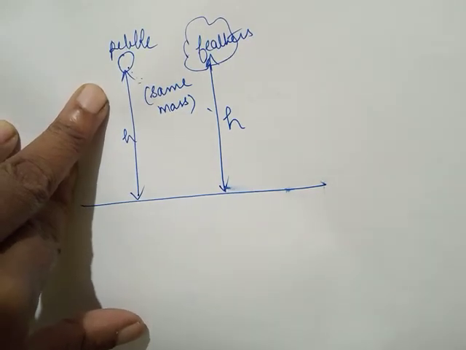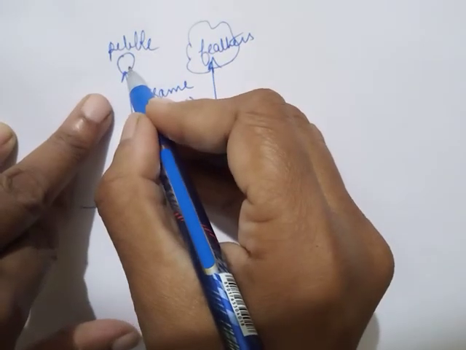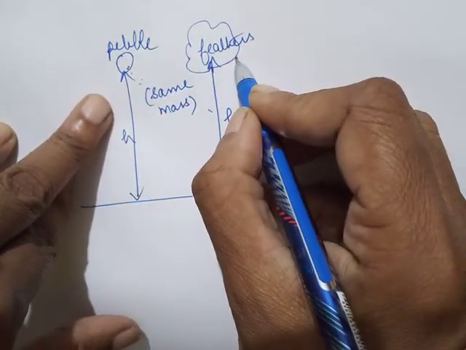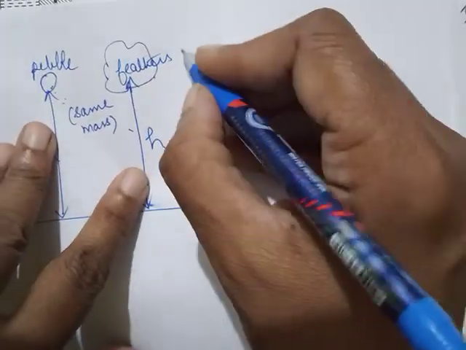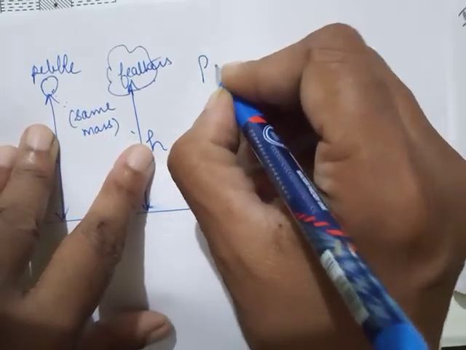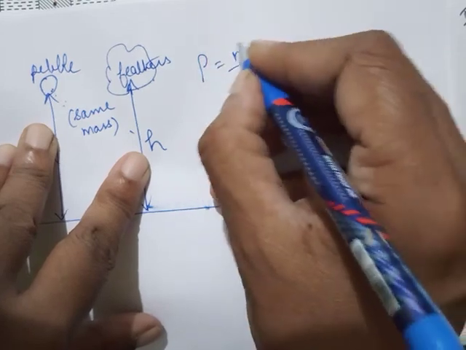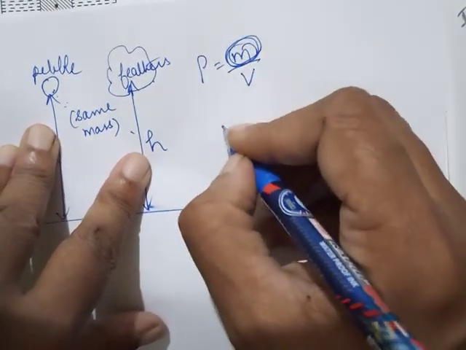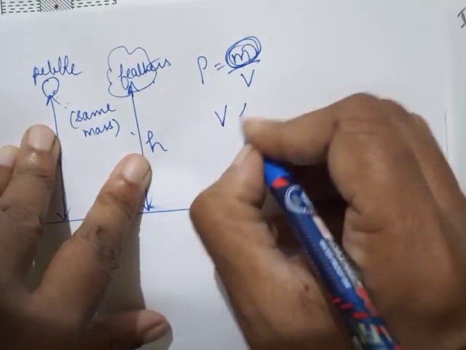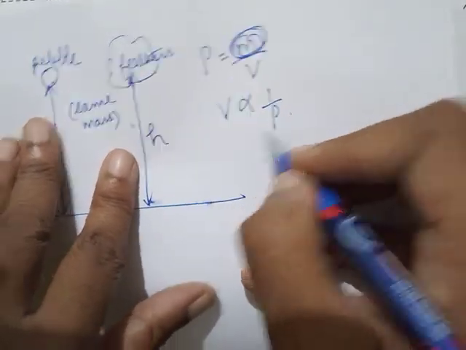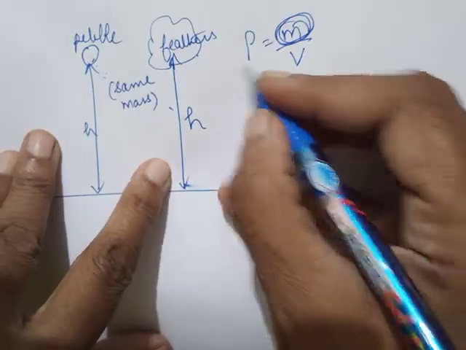Their mass is the same, but what do you think about their volume? A pebble's density is very high, a stone's density is very high, and you know that a feather's density is very low. And what is the relationship? Density is equal to mass upon volume. Mass is the same, so volume is inversely proportional to density. So what is our conclusion?